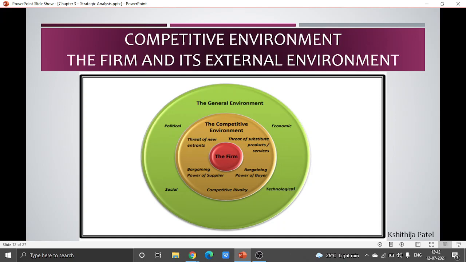Strategic groups are small groups of firms within an industry that have similar characteristics and compete on a similar basis. So the competition between firms within a strategic group is greater than with companies that fall outside the strategic group.